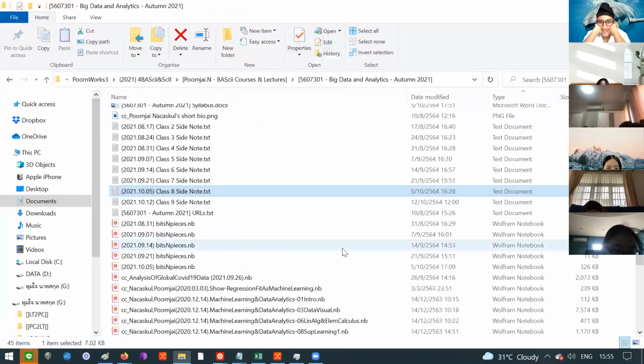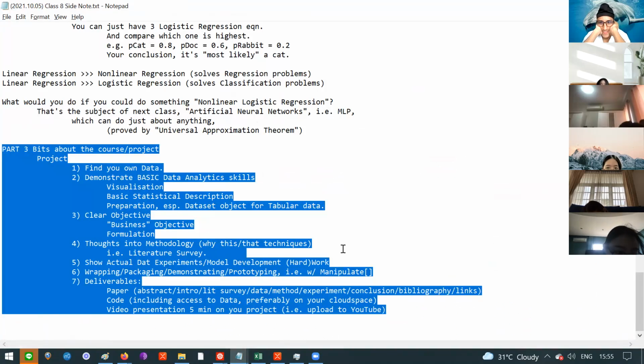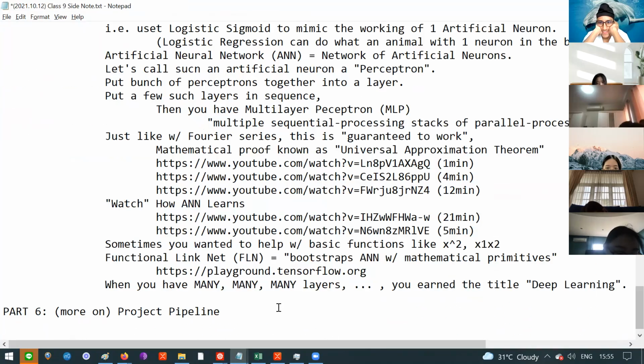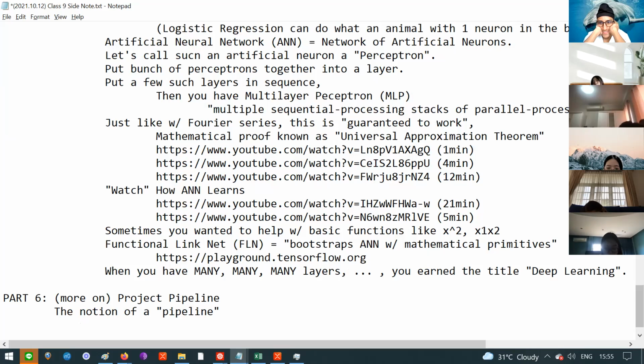I just want to add to this that in the way you do your pipeline, the concept is the notion of a pipeline. If you think of what a pipe is, right?